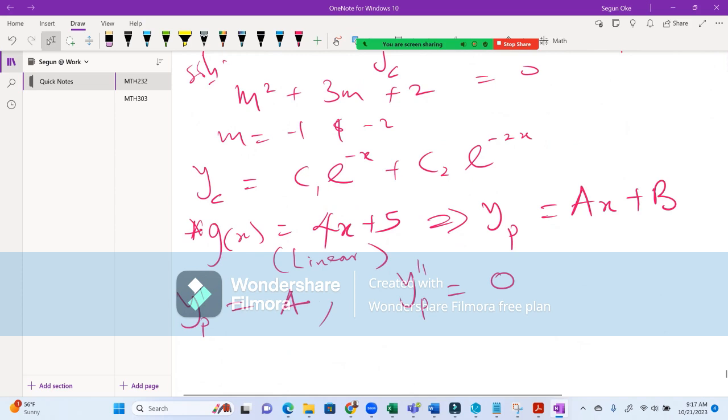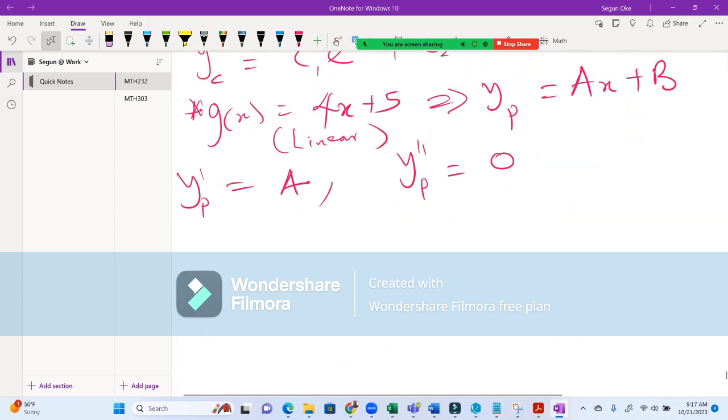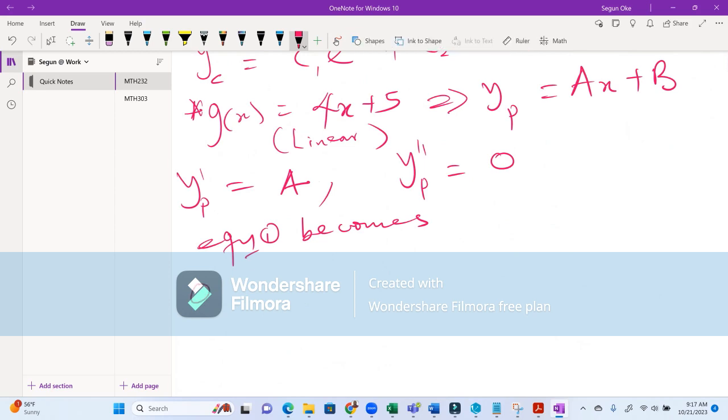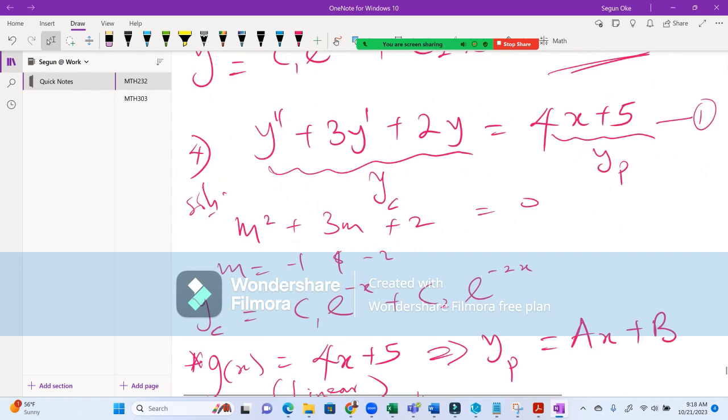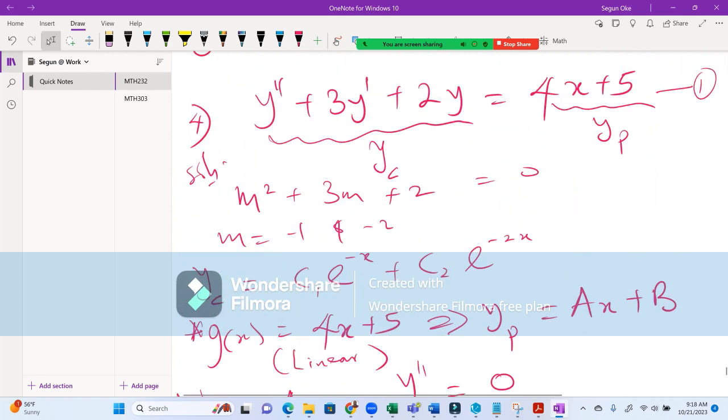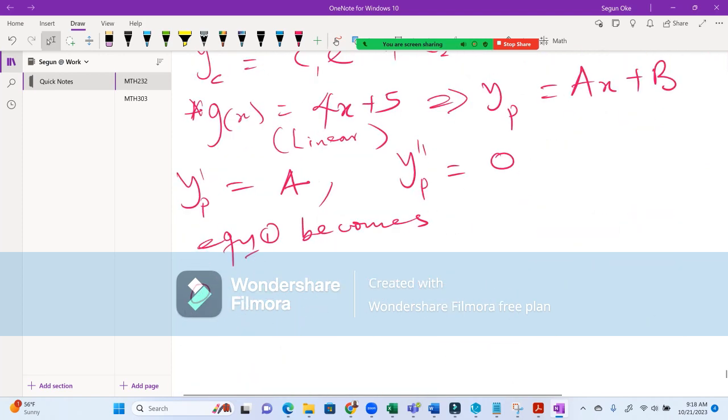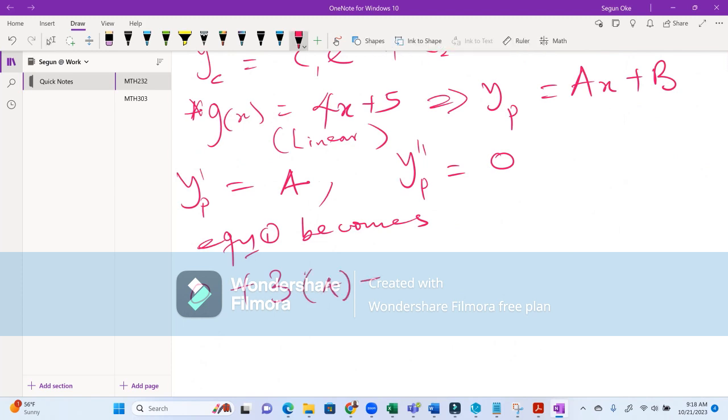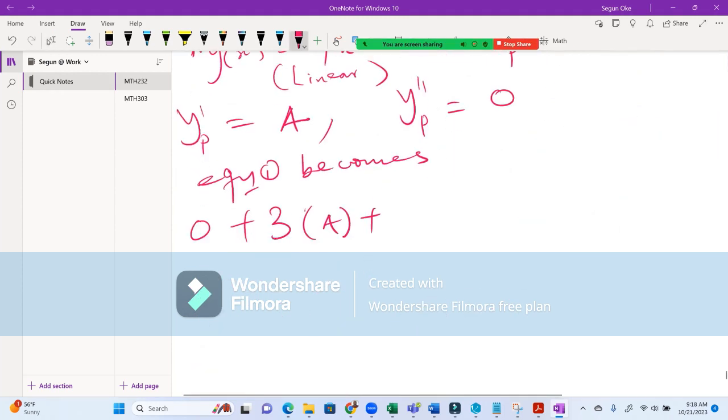Now, for that particular question, equation 1 becomes: y double prime, which when you differentiate is 0, plus 3y prime, what is y prime? A. Then plus, what is 2y?